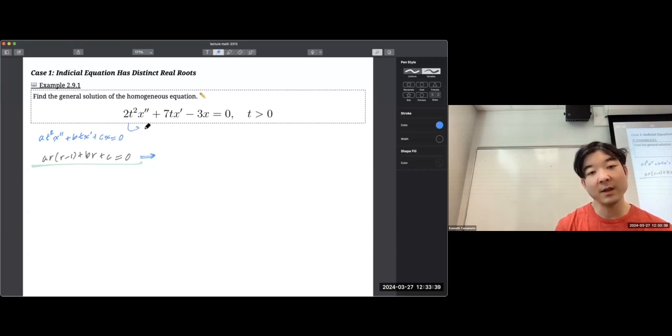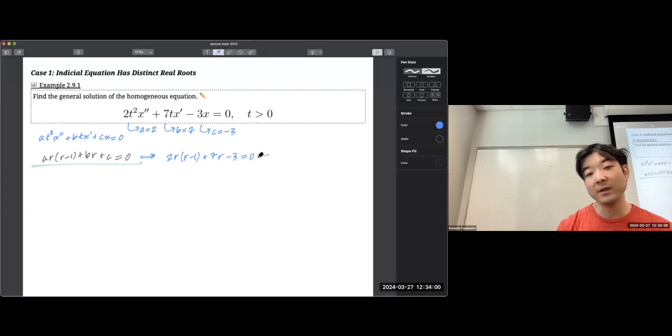So it's clear here that A is equal to 2, that B is equal to 7, and C is equal to -3. So your initial equation will be 2r(r minus 1) plus 7r minus 3 is equal to 0.